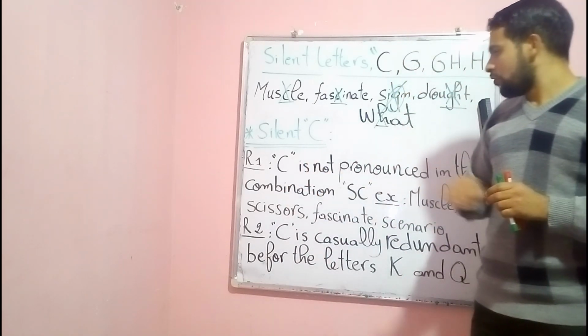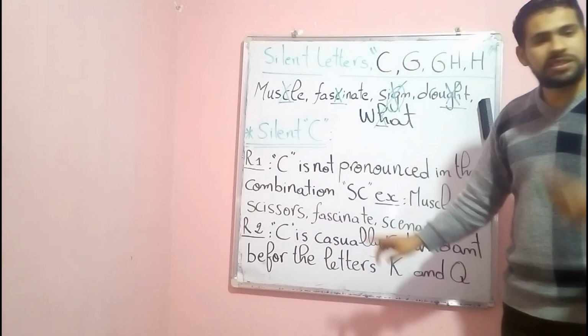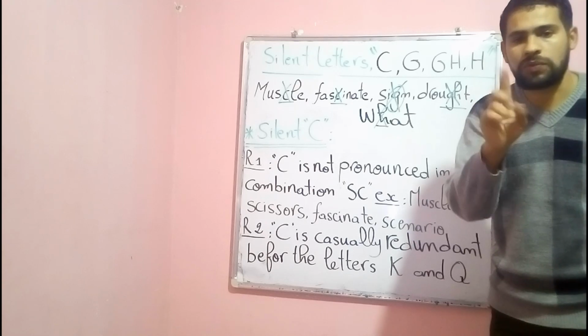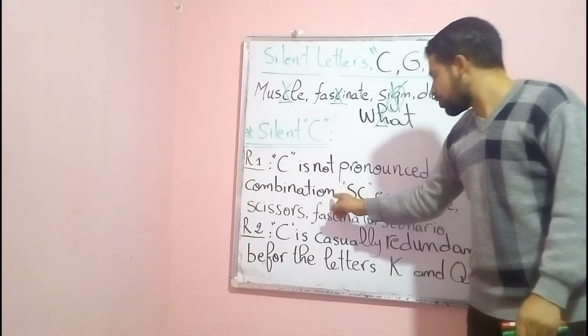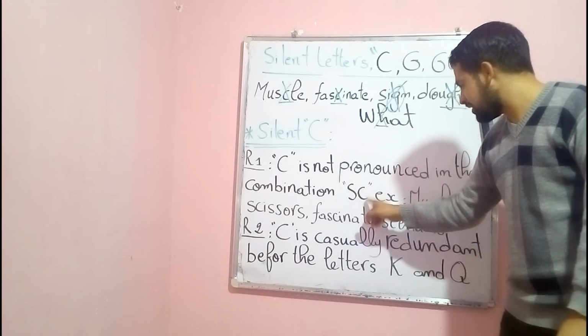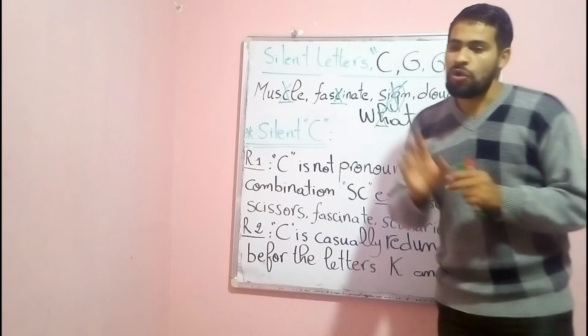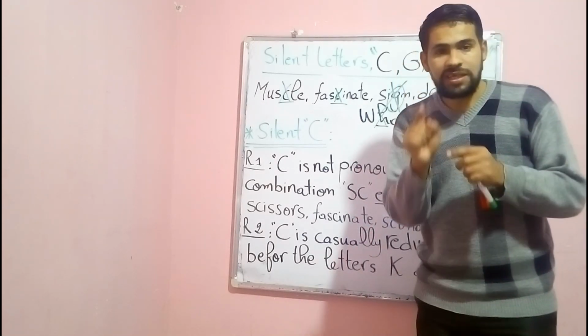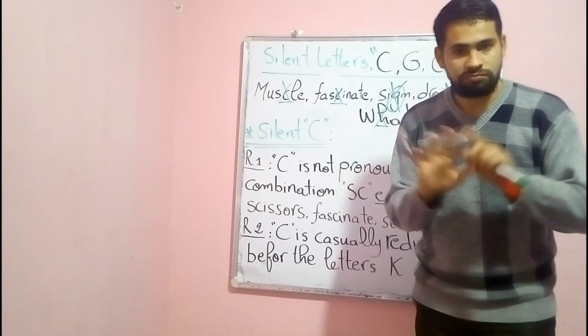So, rule number one, C is not pronounced in the combination S and C. What does it mean? When you find C after S, you are not going to pronounce it. That's clear.